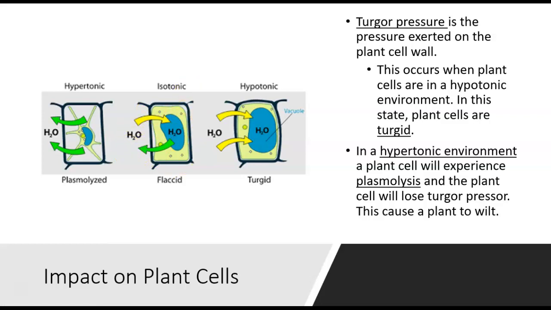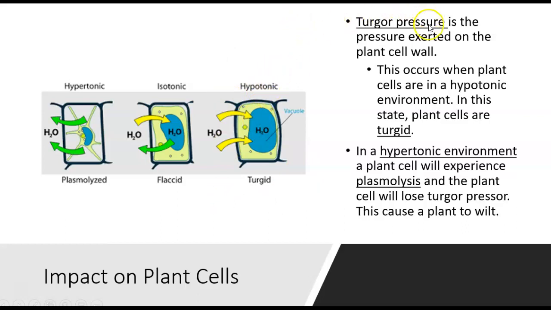So if you can imagine a piece of celery that's been left out for too long and you pick it up and it's kind of bent and really doesn't have any crunch to it, that would be a flaccid piece of celery. And then hypotonic is where plants want to be. Their cells are going to be turgid here and experiencing turgor pressure.